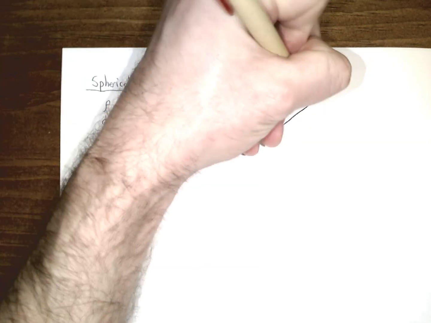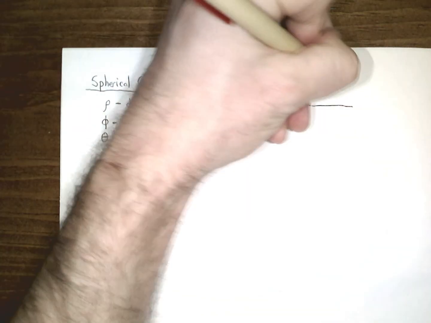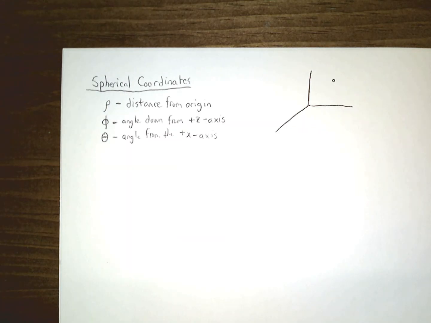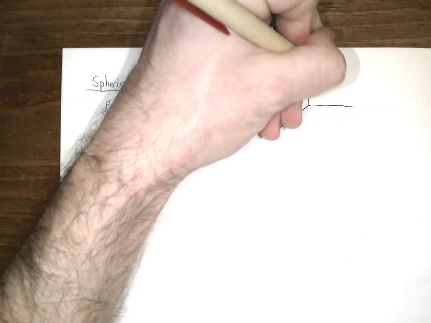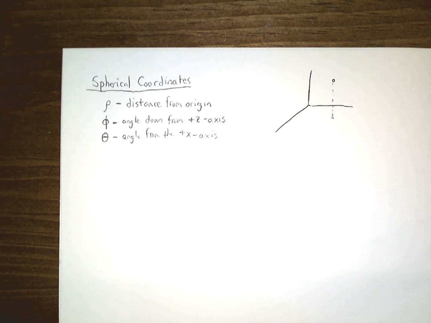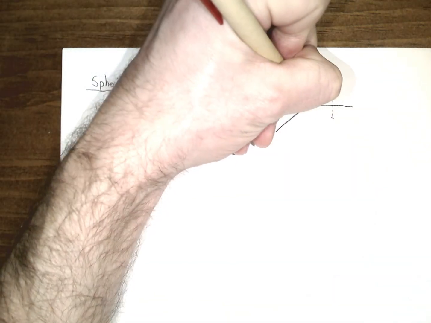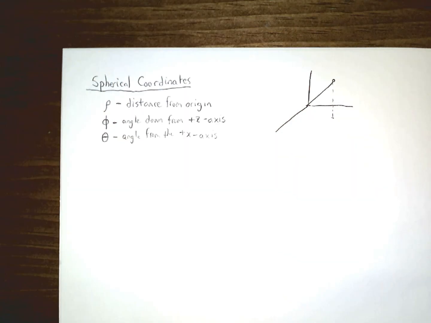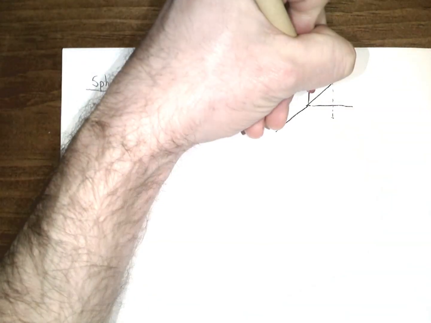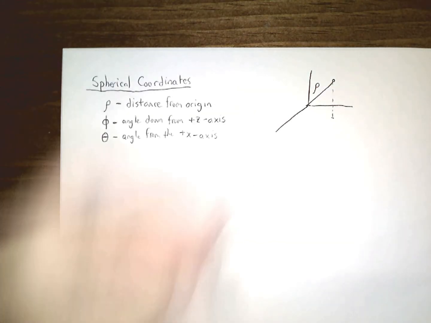So if we're looking at a point in space, same thing. There's our point, just to show you that it's somewhere here. It casts a shadow down on the plane, but now we have this line that points directly to our point. That is going to be what we call rho.